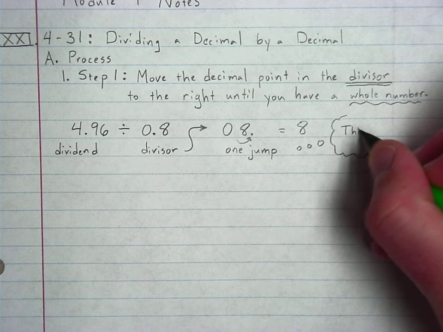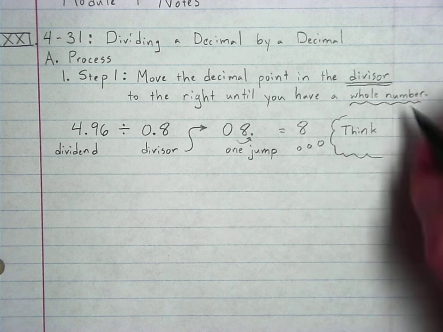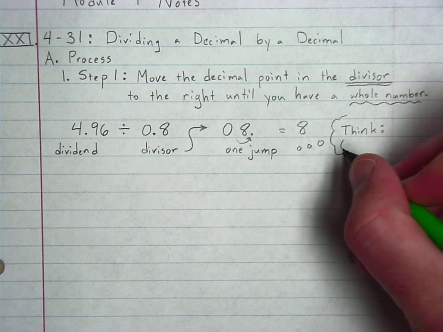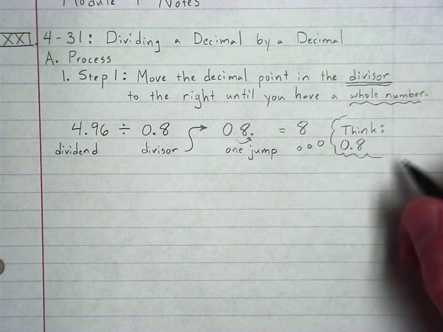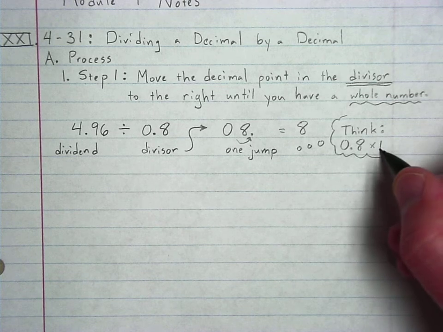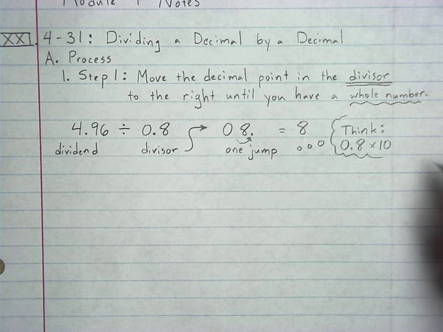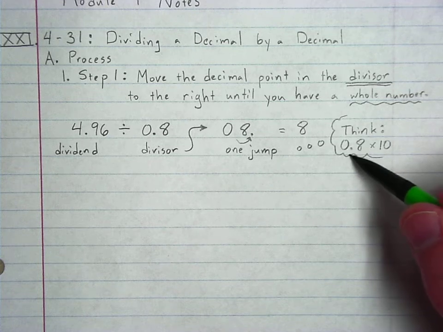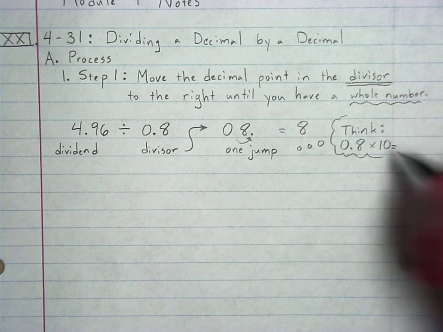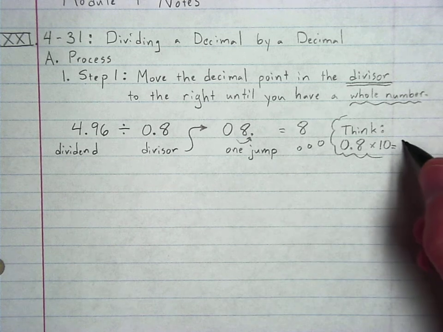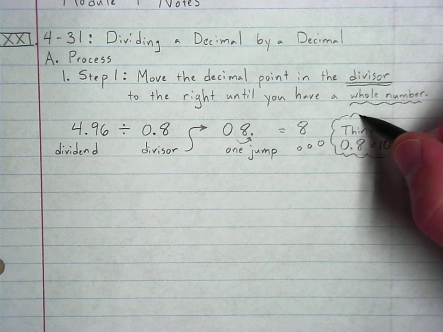Think. You are multiplying that original decimal, 8 tenths, times 10. That's why the decimal point is moving. Again, really, it's the 8 that's shifting into the ones column, but I know it's kind of easier on the paper for most of us just to think of the decimal jumping.